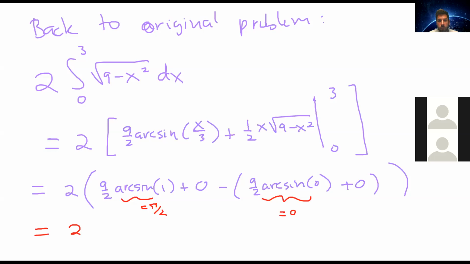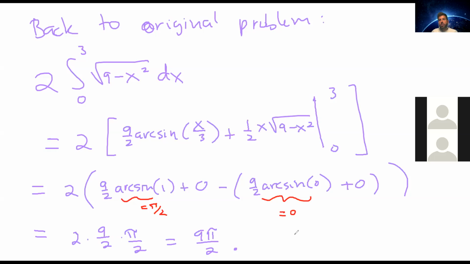You plug pi over 2 into the sine, you get 1. So this becomes 2 times 9 over 2 times pi over 2, which simplifies to 9 pi over 2, which is what you would expect from elementary geometry formulas.